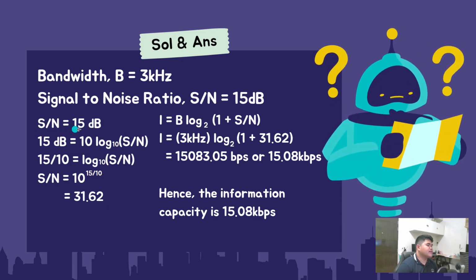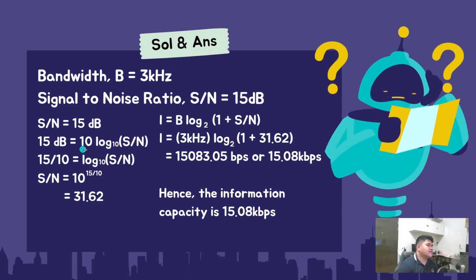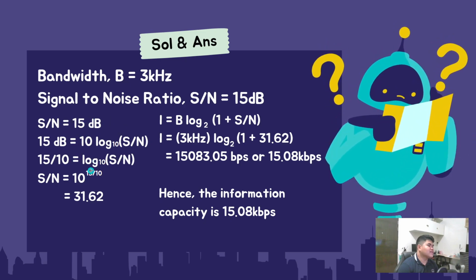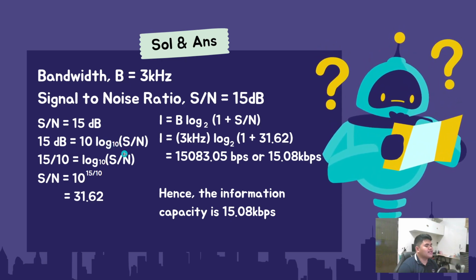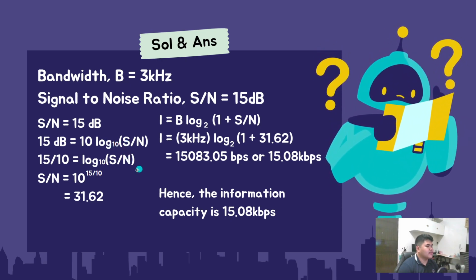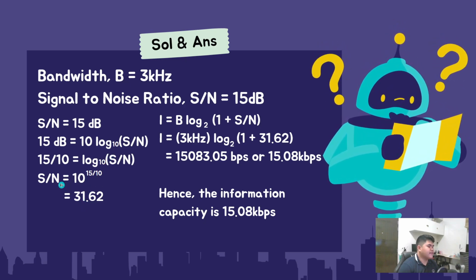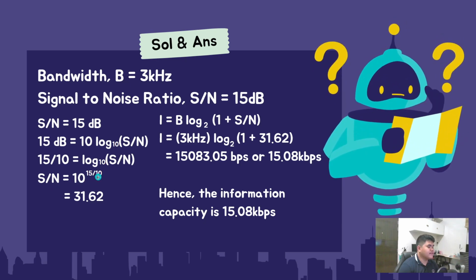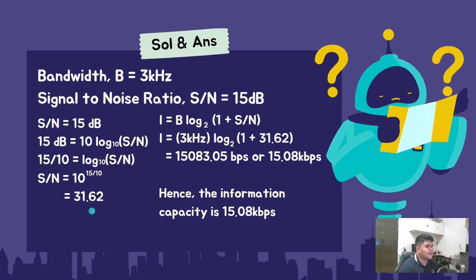S over N is equal to 15 decibels. Then, because S over N in decibels is equal to 10 log 10 of S over N, we equate it to 15 decibels. Now, we do algebra to isolate S over N from the rest of the equation. After doing this, we get S over N is equal to 10 raised to 15 over 10, which is 31.62.